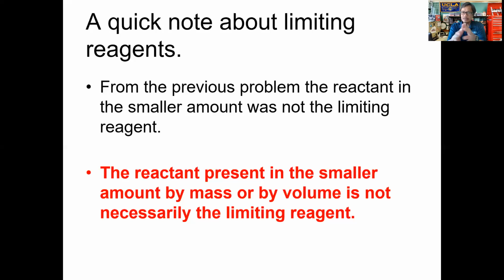Getting the calculated amount should not be too difficult at this point. You should continue to practice these calculations. If you are having issues with the stoichiometric calculation, this mass to mass conversion or volume to volume conversion, which we'll do also, you've got to practice that, because you need to know how to do it before you can do the limiting reagent calculation, which is just a stoichiometric calculation.